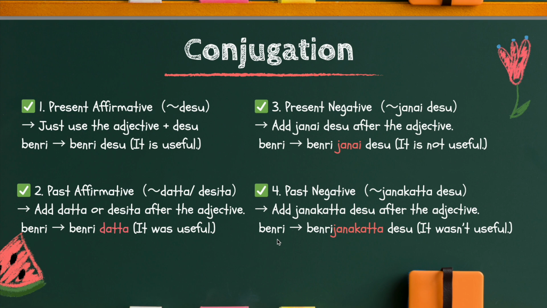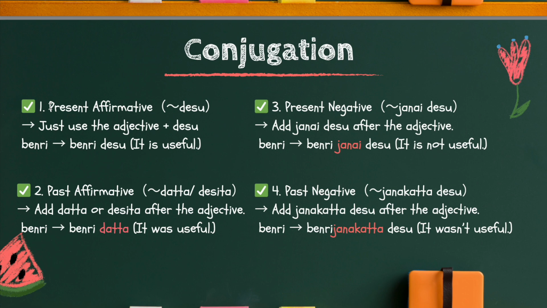Last time we talked about how to conjugate i-adjectives into past tense and negative form. And na-adjectives also have a conjugation rule, but this is very different from i-adjectives. So let's look at each one of them.